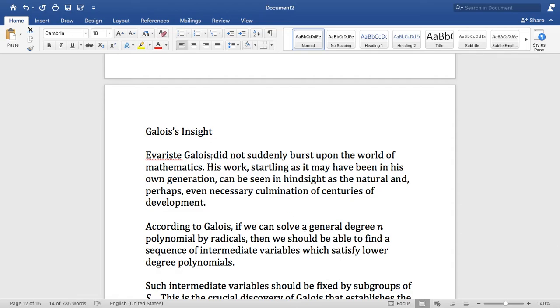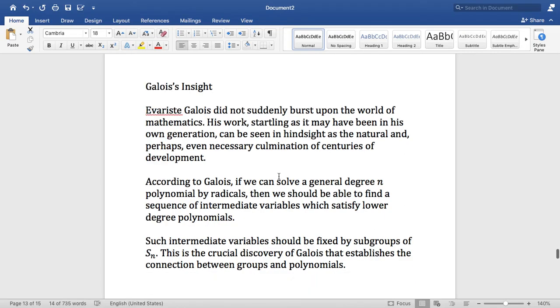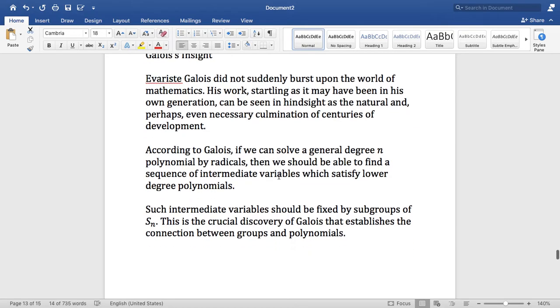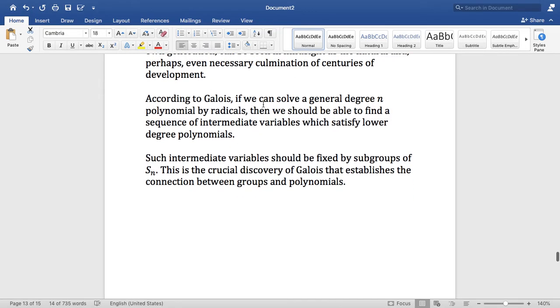Now, what was Galois' insight? Galois didn't suddenly burst upon the world of mathematics. His work, startling as it may have been in his own generation, can be seen in hindsight as the natural and perhaps even necessary culmination of centuries of development.